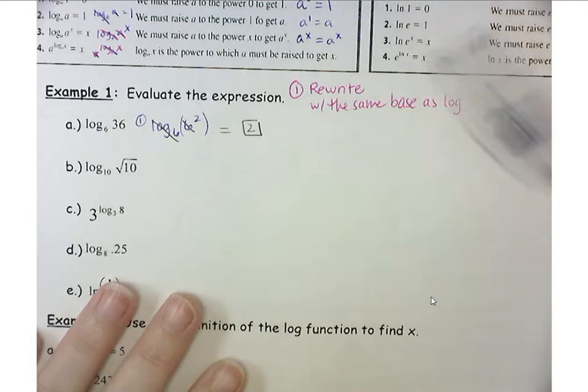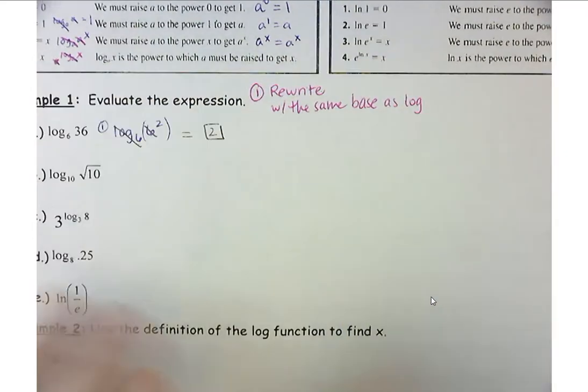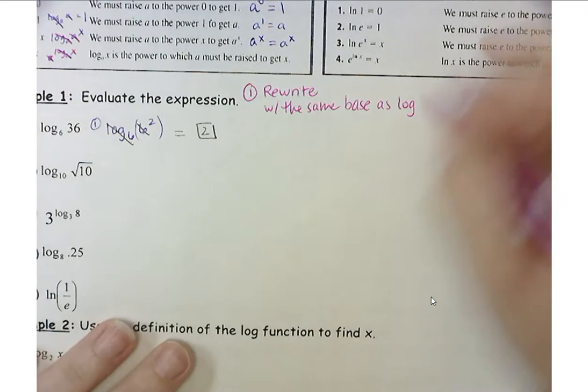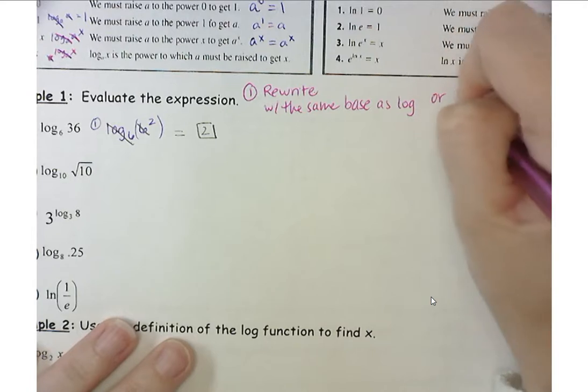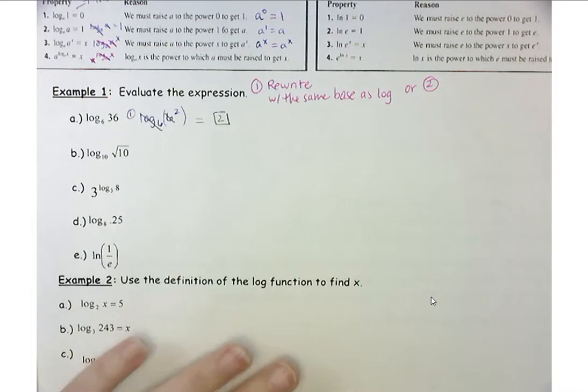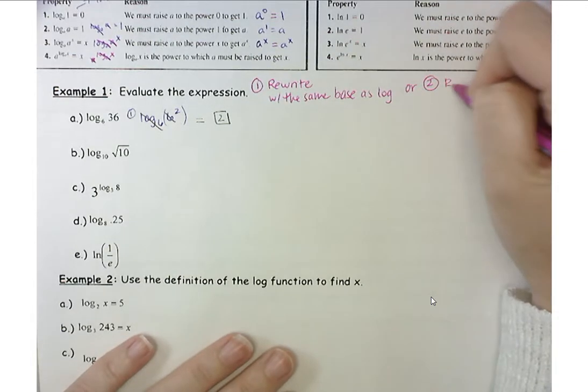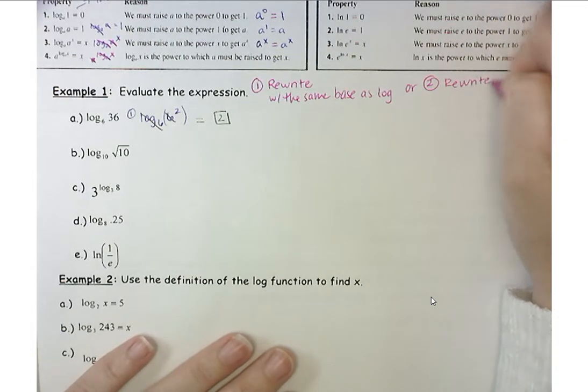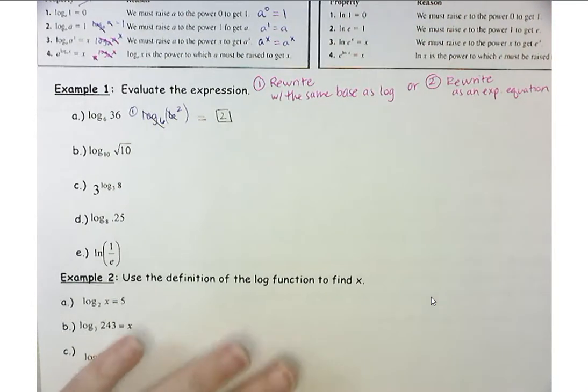What Reese said is actually the second method. So you can rewrite with the same base as a log, or you can use the log definition to rewrite as exponential. Okay, so you could rewrite as an exponential equation.